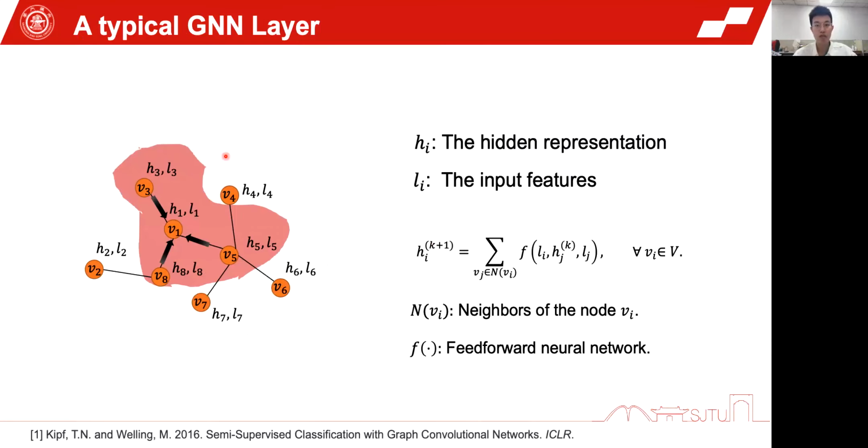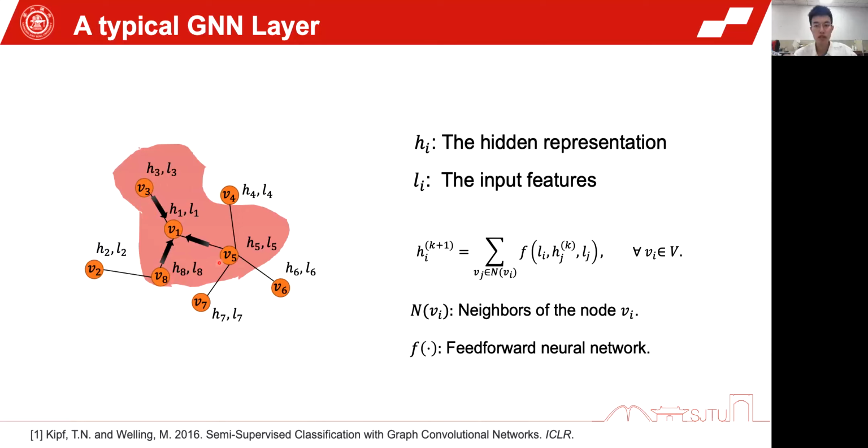Here is the simplest way of a GNN model. If we want to compute the embedding of the node V1, we can aggregate information from its neighborhood nodes, for example V3, V5, and V8. We call these three nodes one hop neighbors, or distance one neighbors.